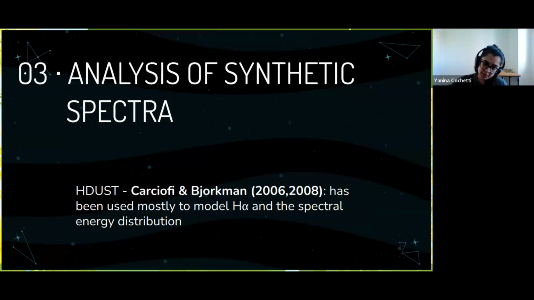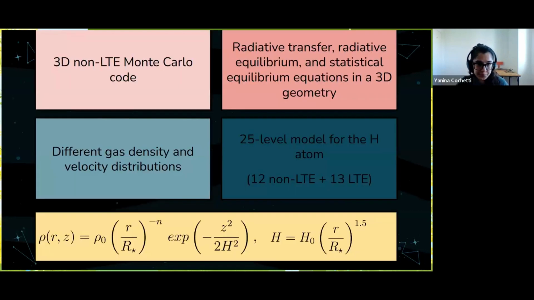For that, we chose to use the HDUST code, that has been used previously mostly to model H-alpha or the spectral energy distribution for Be stars, but not to model infrared lines. The HDUST code is a 3D non-LTE Monte Carlo code that allows us to solve radiative transfer, radiative equilibrium, and statistical equilibrium in a 3D geometry.